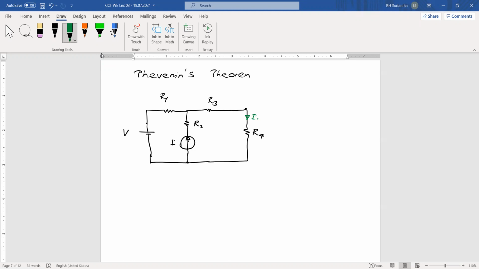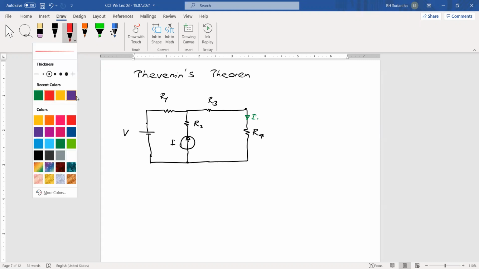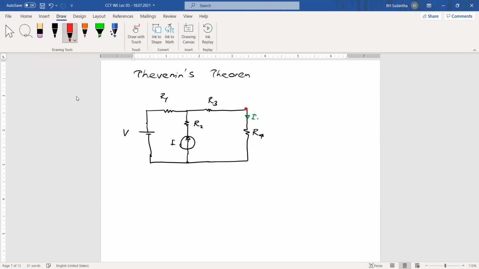Then what we are going to do, we identify the component, this one, this R4, because the current is going through R4, so we are selecting R4 as the component. Then we label these two nodes A and B. Okay.